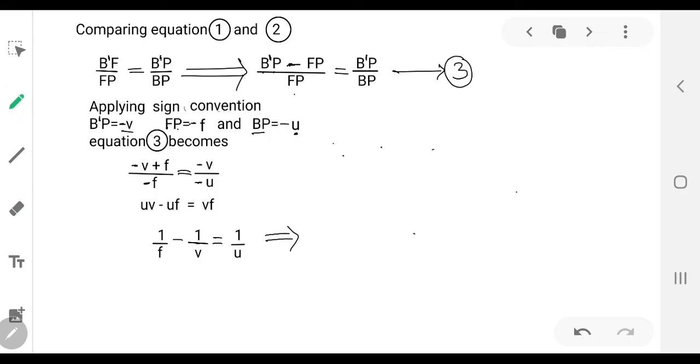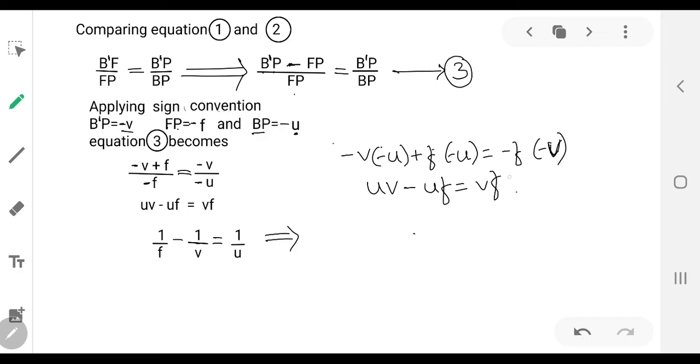So minus V into minus U plus F into minus U. The other side of the cross multiplication is equal to minus F into minus V. So it becomes UV minus UF is equal to VF.